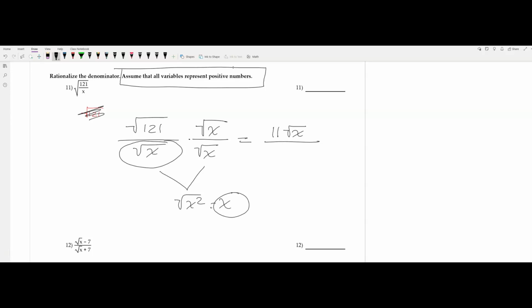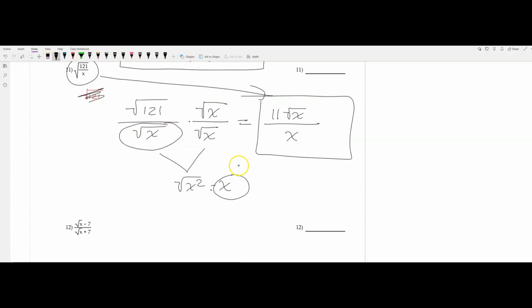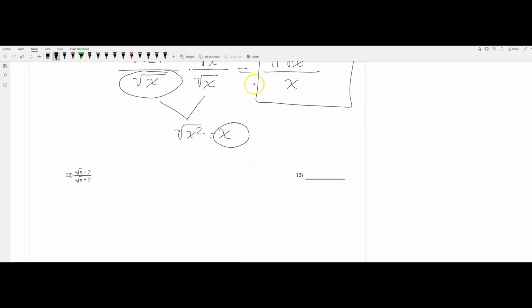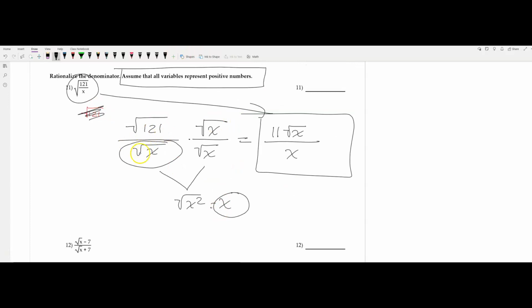We just did that. That's just x. And so this is the answer, or the equivalent of this. That's when you have just one term, right? You just multiply by itself.